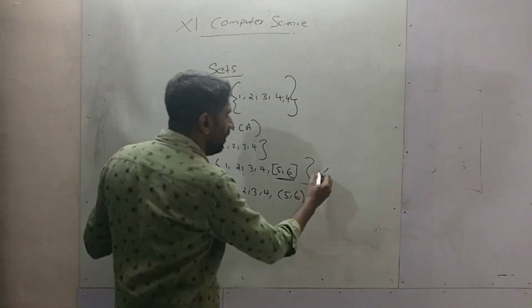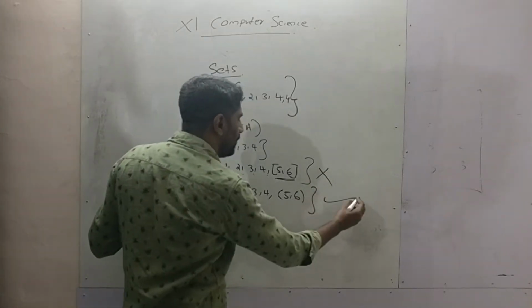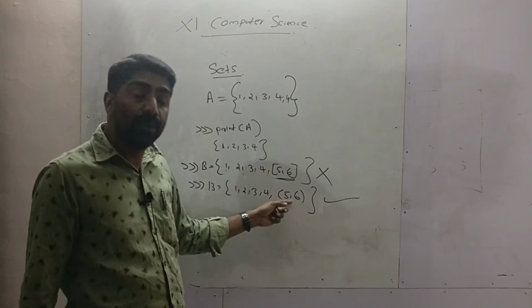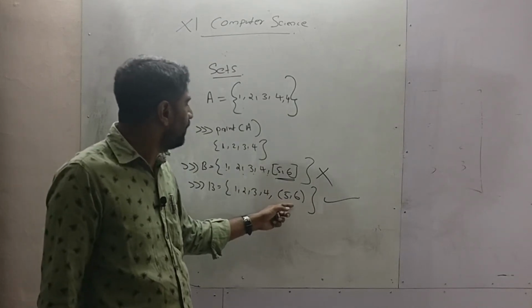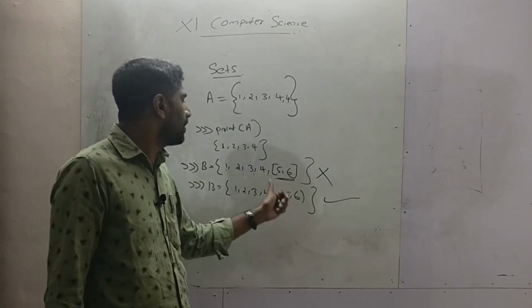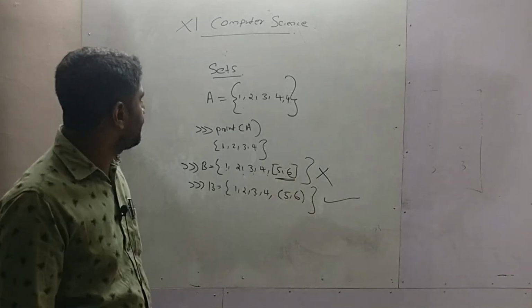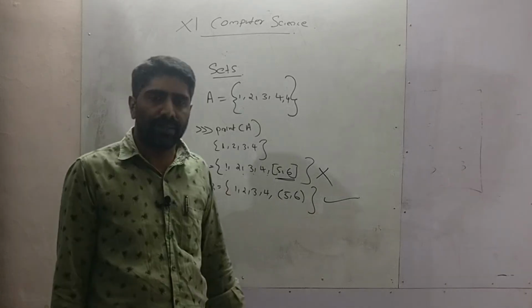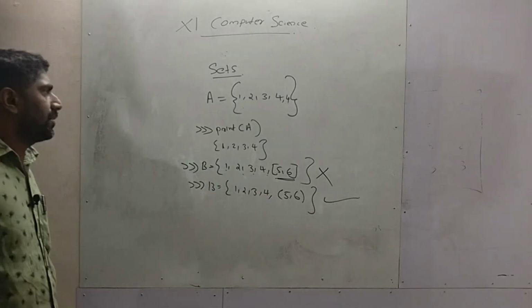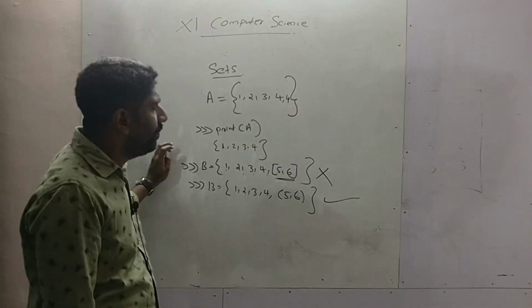This one is wrong and leads to an error, but this one is correct because it is a tuple. Tuple is immutable. Immutable elements we can insert in a set, but mutable elements we cannot insert in a set. Clear? So these are the differences of sets from lists.